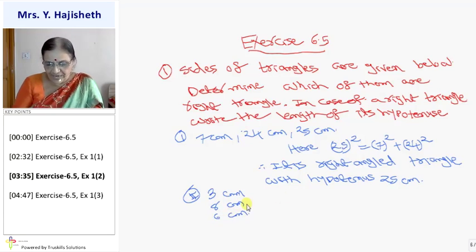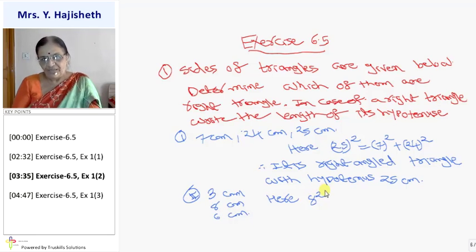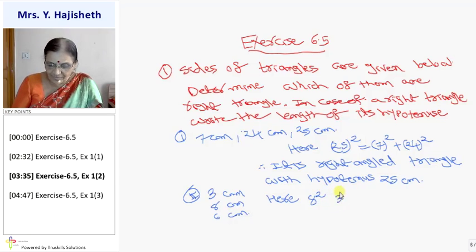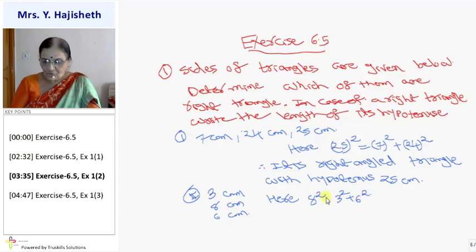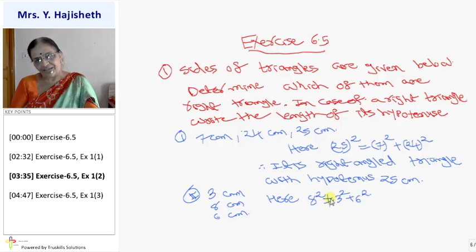Now the second sum: sides are given as 3 centimeter, 8 centimeter and 6 centimeter. What is the biggest side? Here 8 is the biggest, so 8 square is 64. And 3 square plus 6 square is 9 plus 36, which is 45. So both are not equal. Clear?